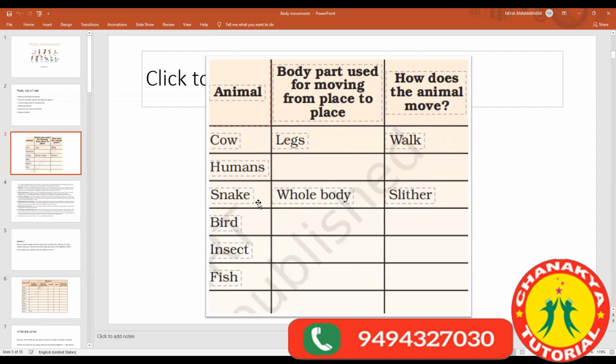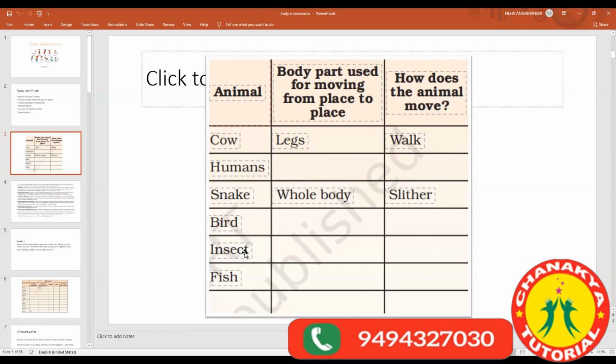Next is humans. Adya, can you tell me which body part does human use to move? Legs. Yeah, legs. How do they move? By walk. Yeah, they walk.